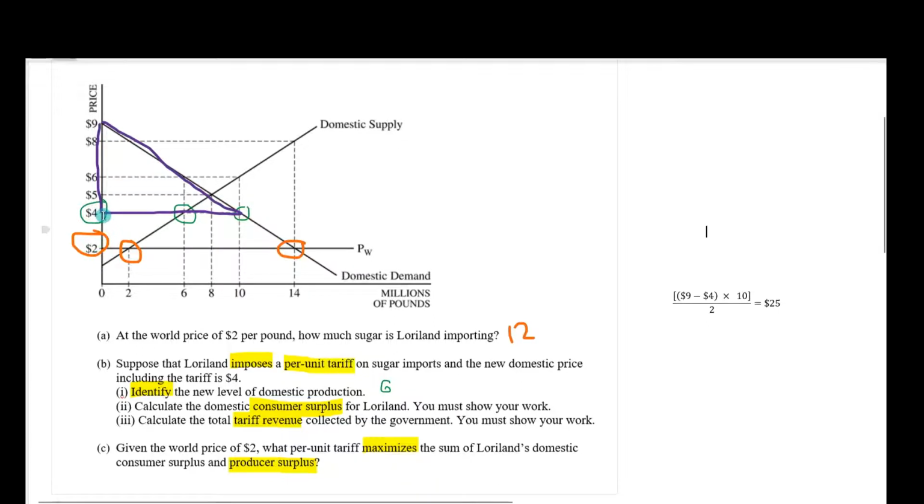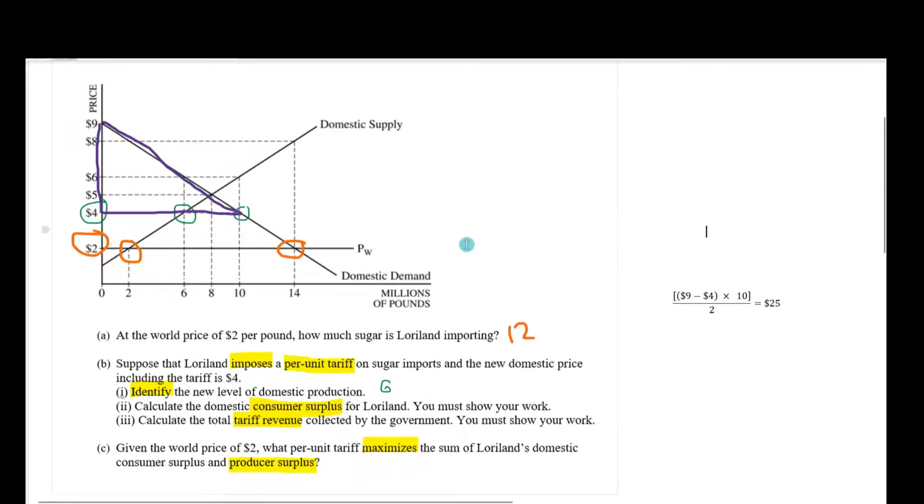That's the vertical distance of the triangle, so that's $5. And we're selling 10 units, 10 million pounds. So we're going to multiply that, and then we're going to divide it by 2 because it's a triangle. That gives us a $25 surplus, consumer surplus here. So I've drawn it, I've written it out over here.